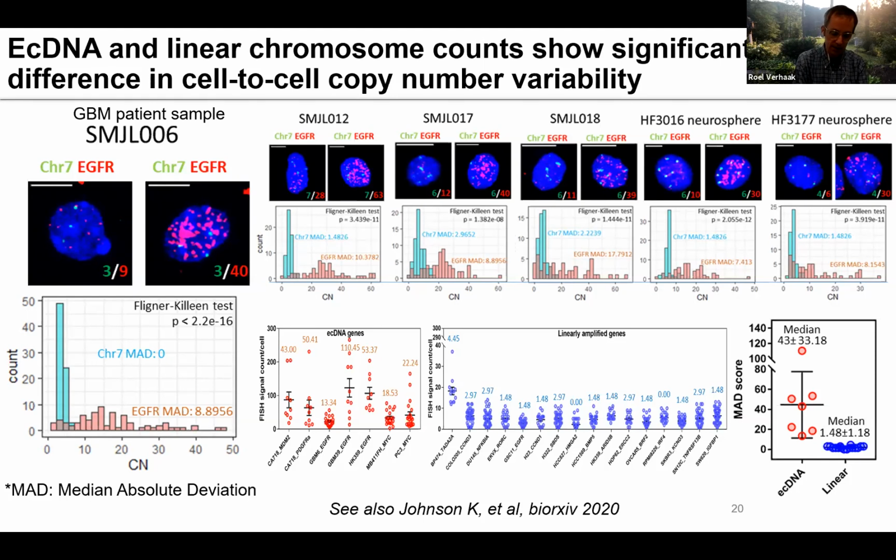And then there's a Cell paper from Howard Chang's lab around the same time that shows how enhancers are co-amplified and that they're part of the ecDNA structure. And because they're part of the ecDNA structure, the enhancer can mediate expression of the cargo oncogene. So it's another piece of evidence or part of the mechanism of the very high expression of ecDNA.